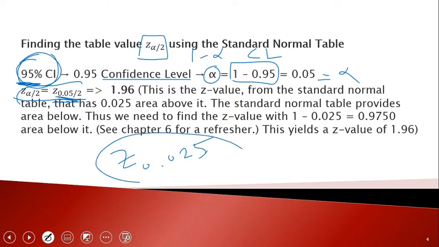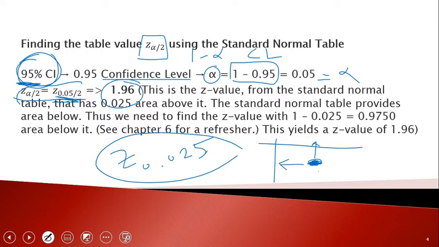You need to figure it out from your z table. The z table is something like this. Locate this value 0.025, get the row value and get the column value. When you collect those two values, you will get the z value for 0.025, which is 1.96.